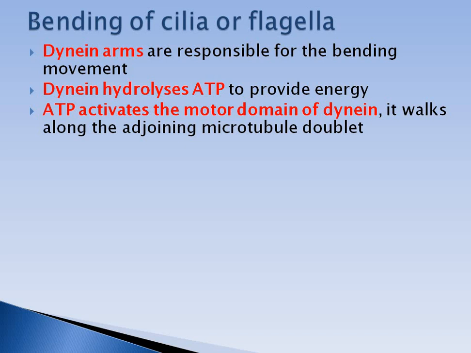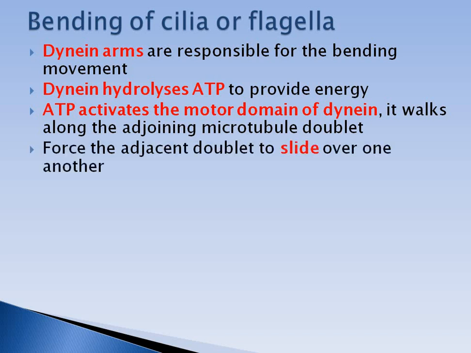Remember, ATP is broken down to release energy, and this ATP then activates or stimulates the motor part of dynein, and dynein then starts walking on the adjacent microtubule doublet and helps in the bending, as the microtubules slide over each other.